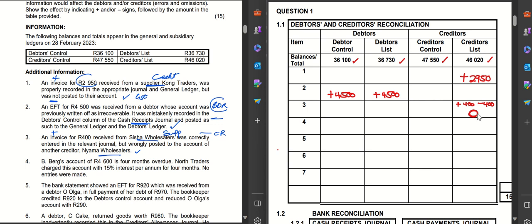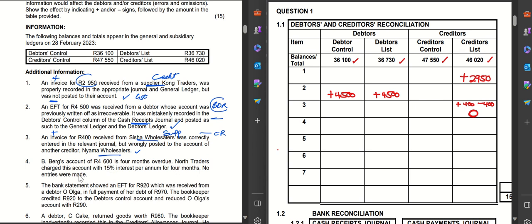Do not leave it blank. Once you leave it blank, it would assume as if you did not attempt this transaction. So don't leave it blank. Record the 0 such that you can be marked there. Number 4 reads, B-Bag's account of 4,600 is 4 months overdue.